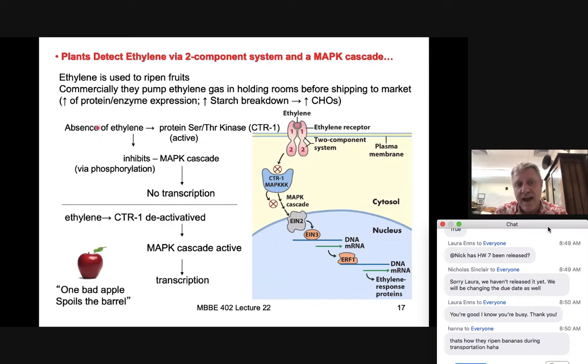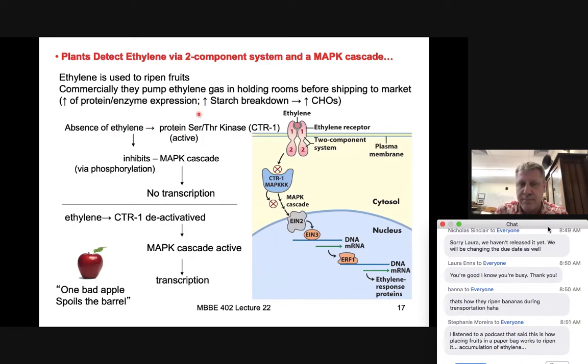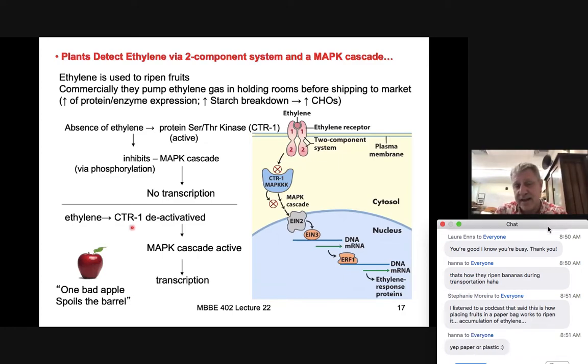So by having the absence of ethylene, we are activating a protein kinase which inhibits the MAPK cascade. Therefore, we get no transcription occurring. But with the presence of ethylene, we can ripen the fruit very carefully, activating that particular cascade and increasing transcription to ripen the fruit. If you think about the bananas you get from Safeway, they are usually very green, and if you taste them green, they are floury, kind of starchy, exactly what I'm talking about, starches.